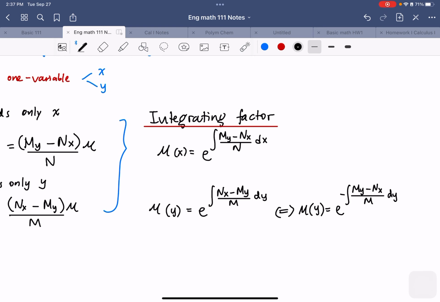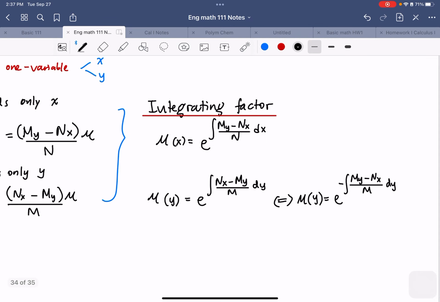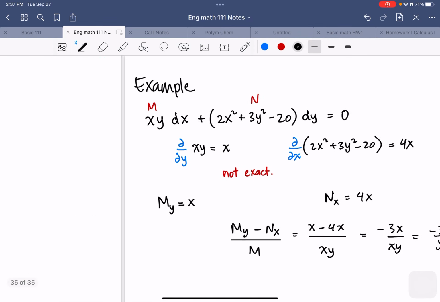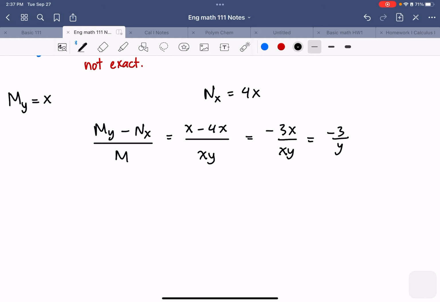Because it's divided by m, we are going to have a function of y for the integrating factor. So the integrating factor, a function of y, is e with power of negative 3 over y dy.